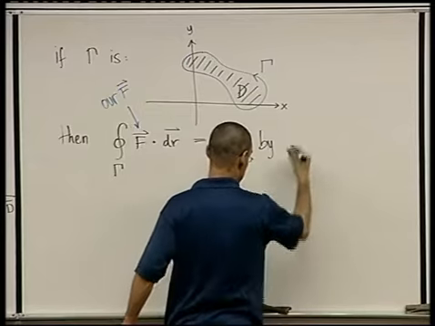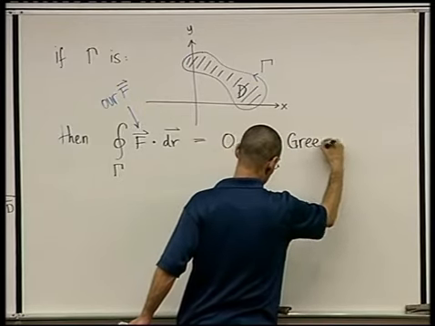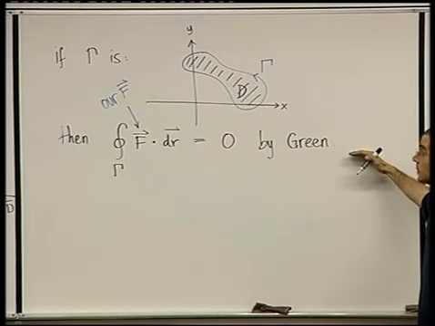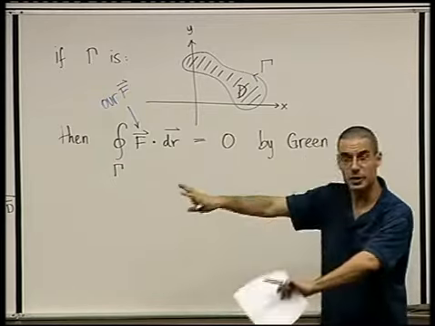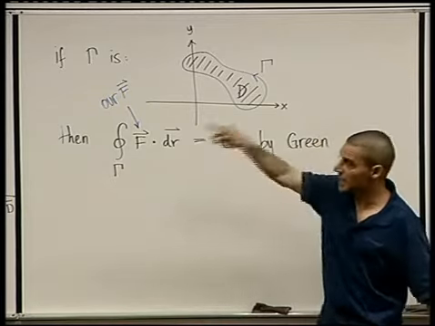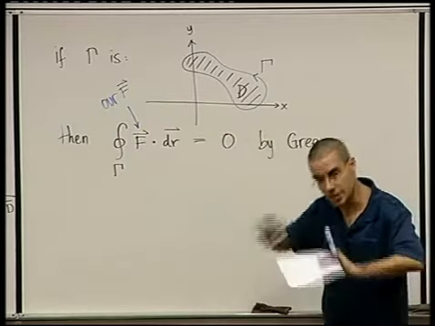Capital Green. Clear? It's 0 only using our function. Throughout this entire clip, f is not a general field, f is that specific field.